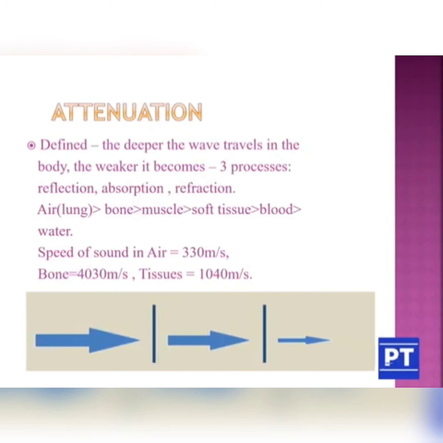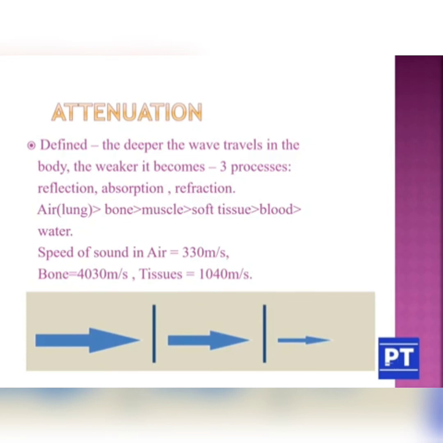How is attenuation defined? Attenuation is defined as: the deeper the wave travels in the body, the weaker it becomes. There are three processes happening. First is reflection, second is absorption, third is refraction.